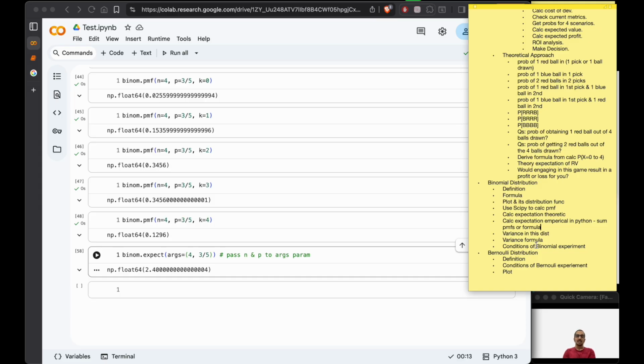The higher the value of the variance, the more the data points are deviating from the typical value, which is the mean in this case.